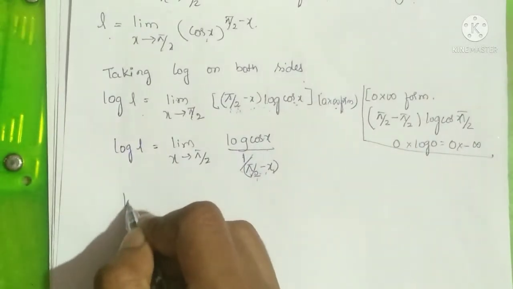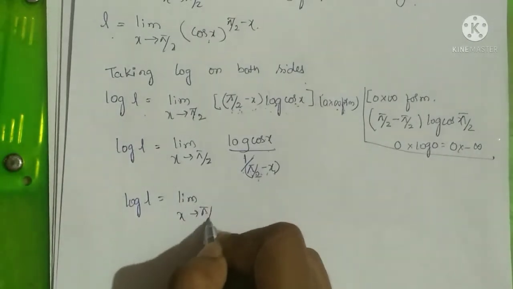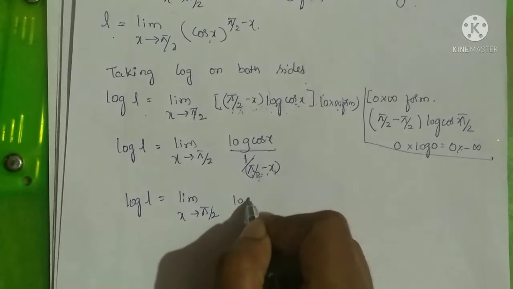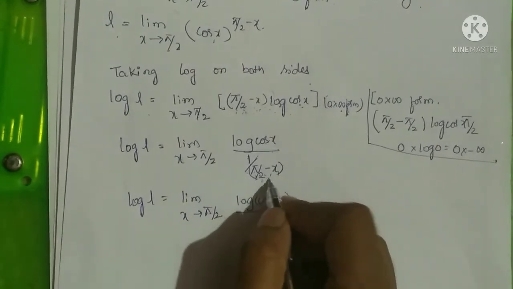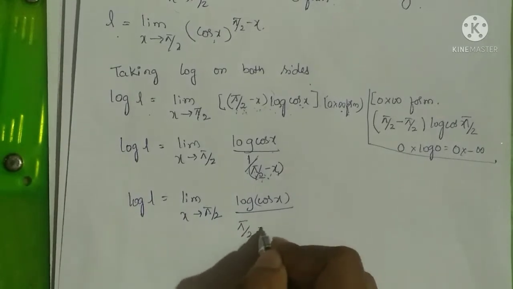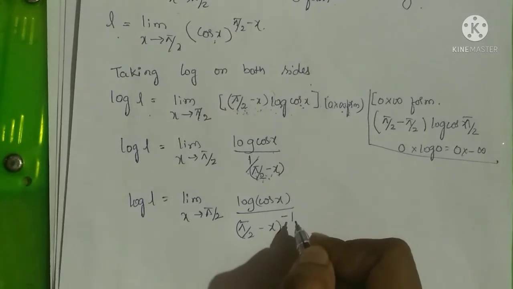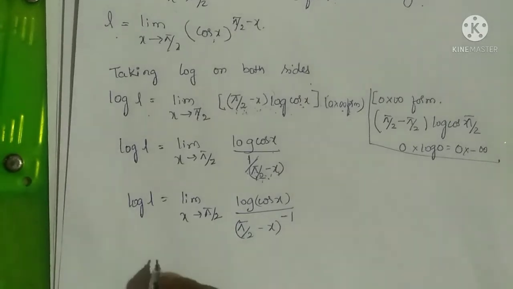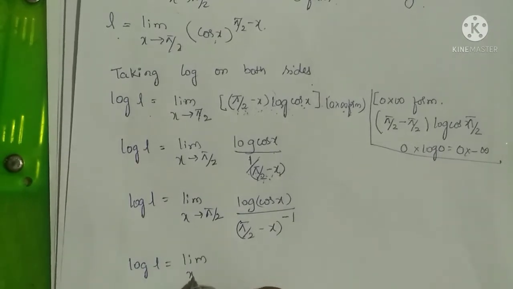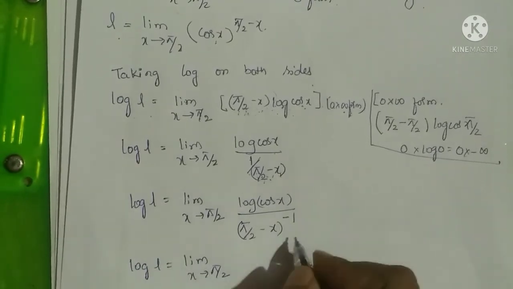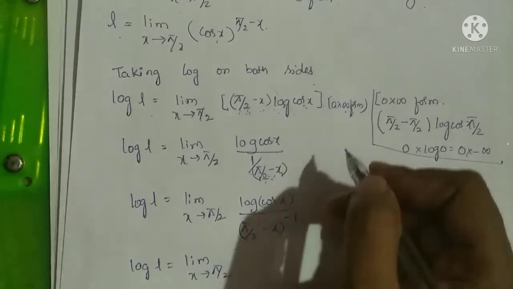So log L equals limit x tends to pi by 2 of log cos x divided by 1 over (pi by 2 minus x), which can be written as (pi by 2 minus x) whole to the power of minus 1. Now it is in the form of infinity by infinity.